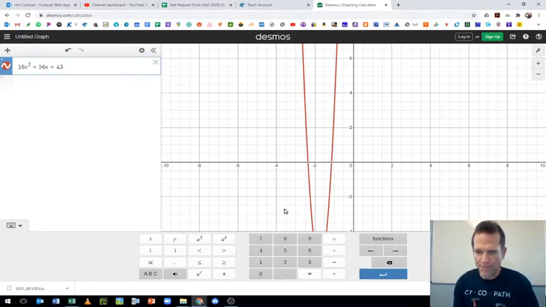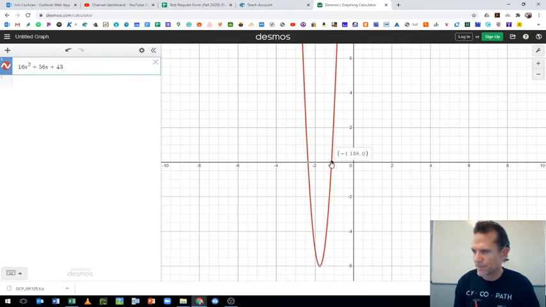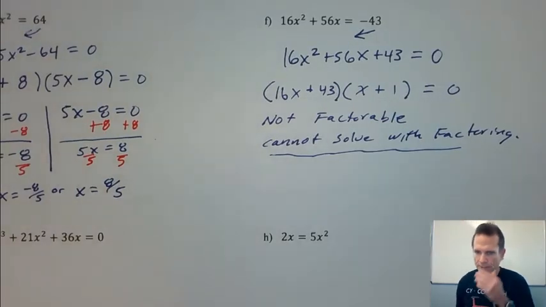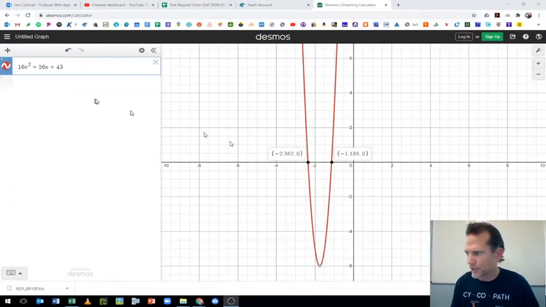Okay, so this is a little technique you could use to determine if it's not factorable by the factoring method. If you see here, when I click on these x-intercepts, you see I have decimal numbers here. Because there are decimal numbers there, I know that that quadratic was not factorable. So that's a little technique that you could use, and then that might help you determine that you cannot solve by the factoring method. And it's not just that they're decimals, but they're not clean decimals.